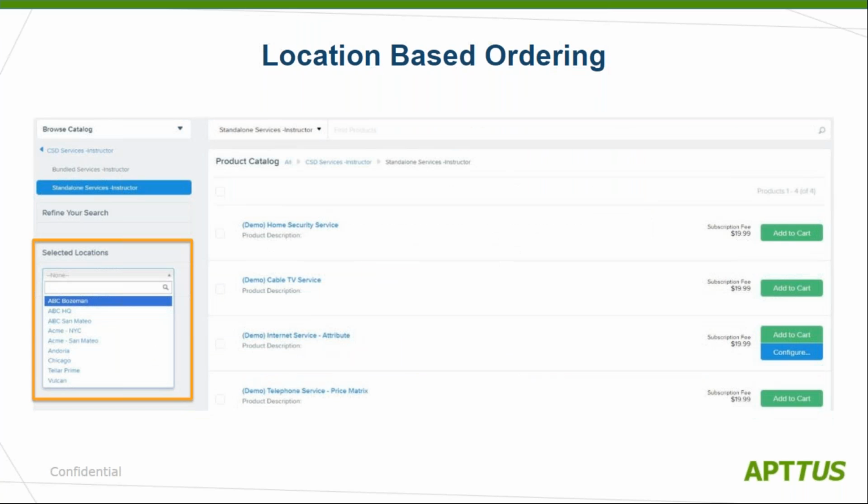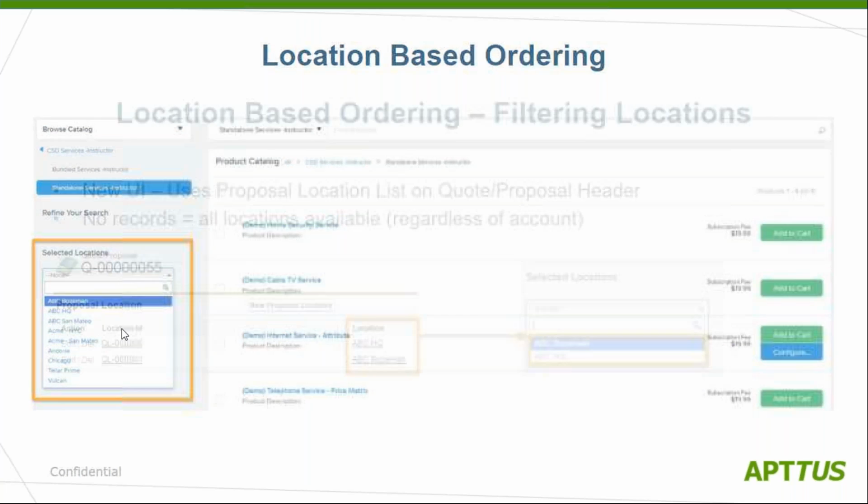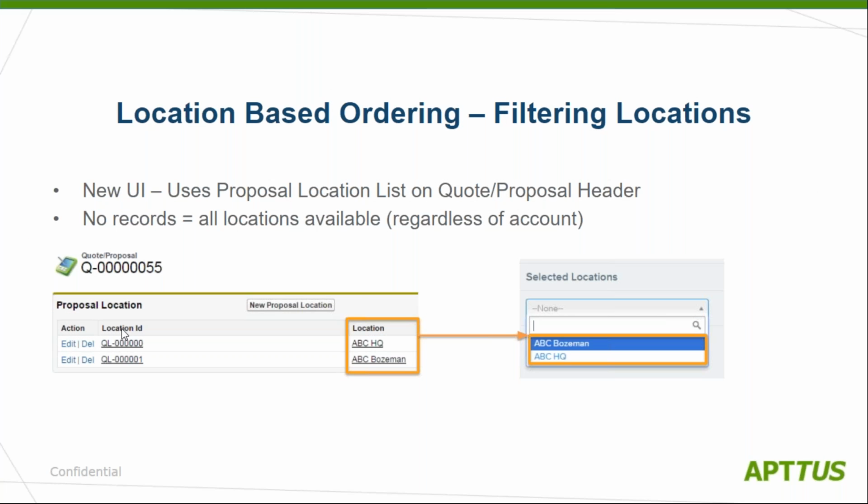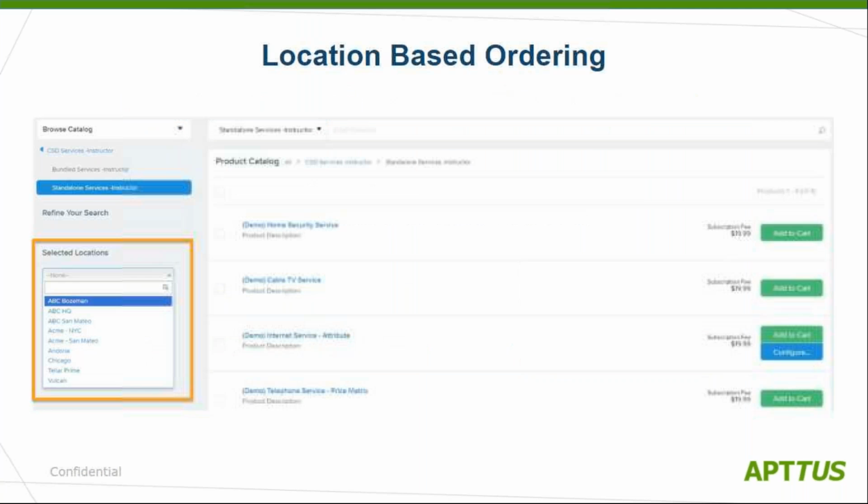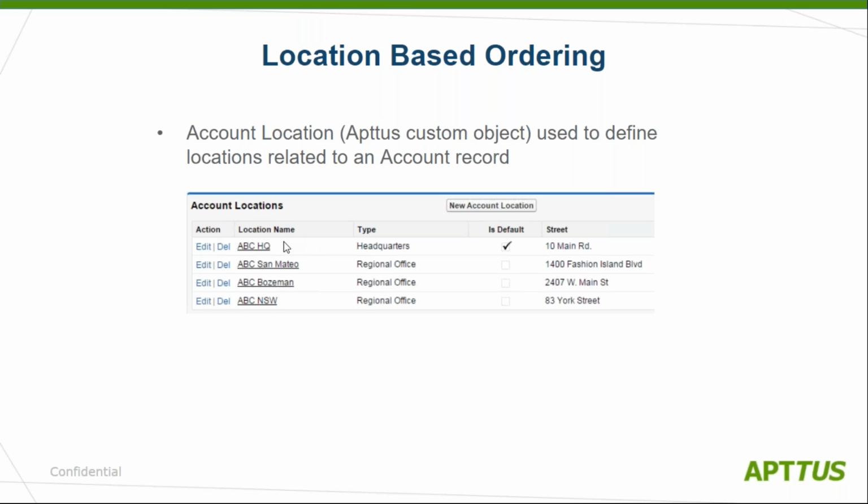On the catalog page it is visible something like this. This is the catalog page, and I can select the locations here. Once we select the locations, these locations will be captured on our quote. So the first step to set up the locations is to set up the locations on the account. I'll just show you.